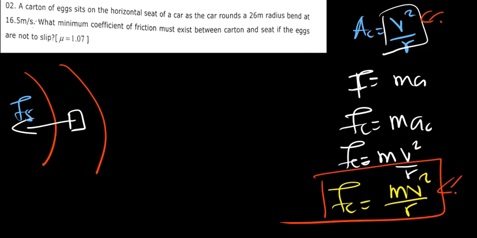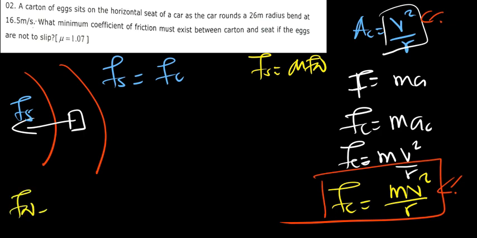Now, in that case, friction force is going to act as centripetal force. Therefore, we can say that friction force, since it's the same as centripetal force, I will equate to centripetal force. But according to Newton's laws of motion, what is friction force? Friction force is mu times the normal force. But again, what is the normal force? Normal force is mg, meaning that friction force can be mu times mg.